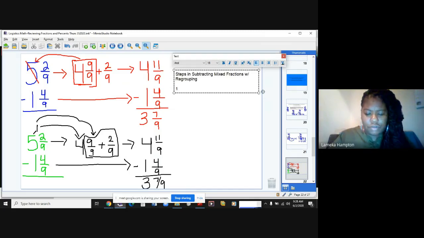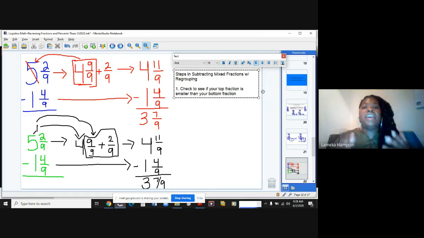So step 1, you're going to check to see if your top fraction is smaller than your bottom fraction. And if your top fraction is smaller, that is when you're going to have to follow the steps that I am typing out to you now. If you come across something like this, what we have over here, once we have converted everything, then you do not have to regroup. Okay, that's going to be very important.